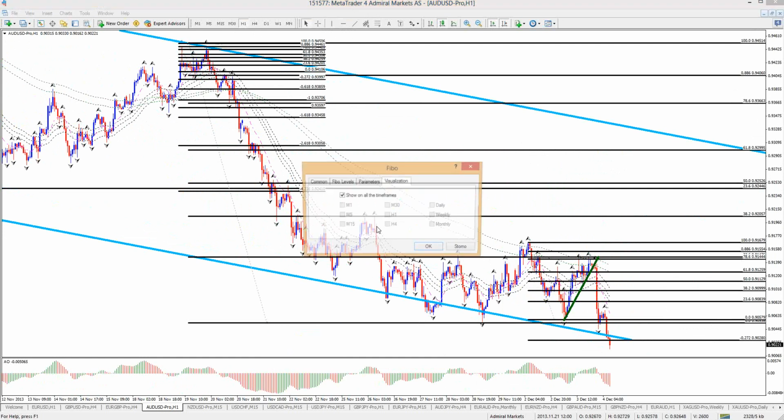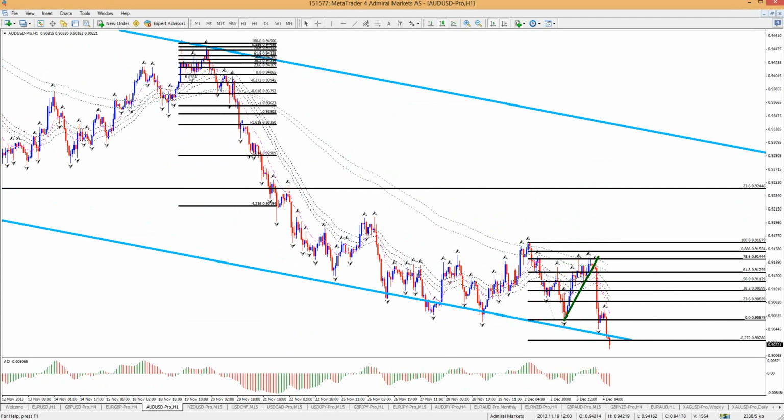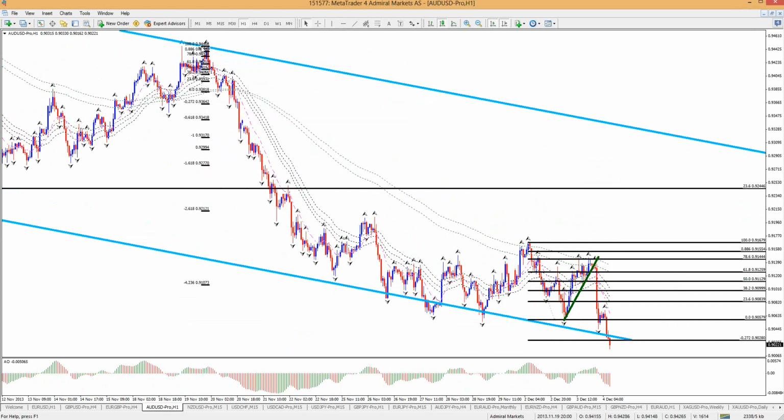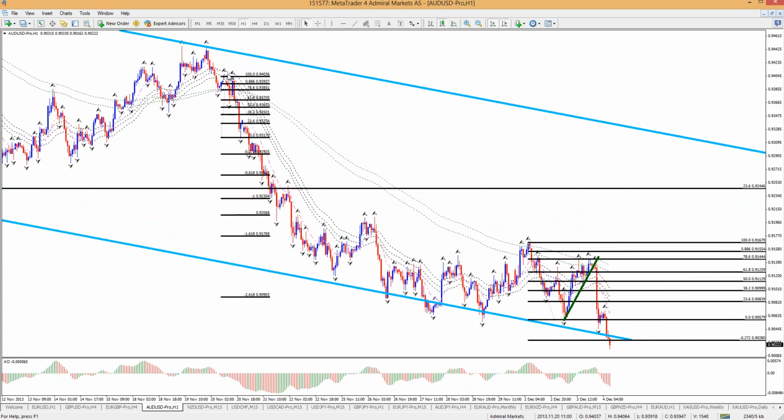Sorry for all these fibs. Let me get rid of some of them so that the chart becomes more visible. I want to see what the best fib is for this 1-hour chart, sorry.